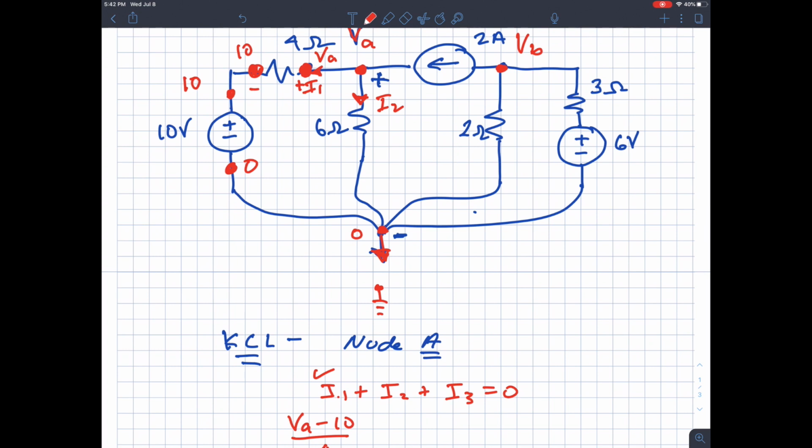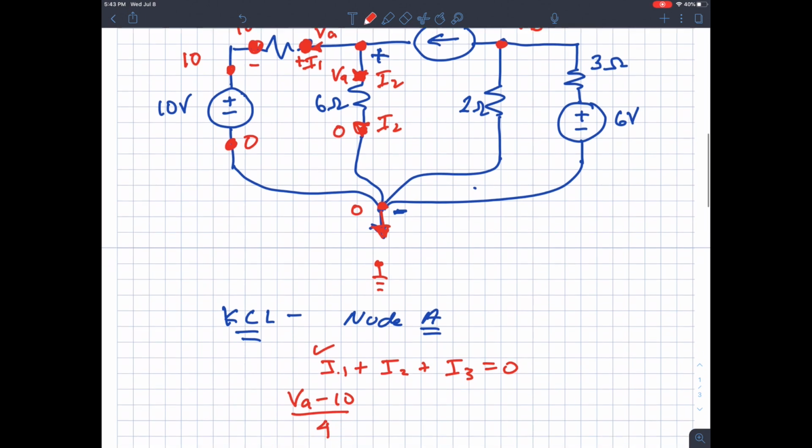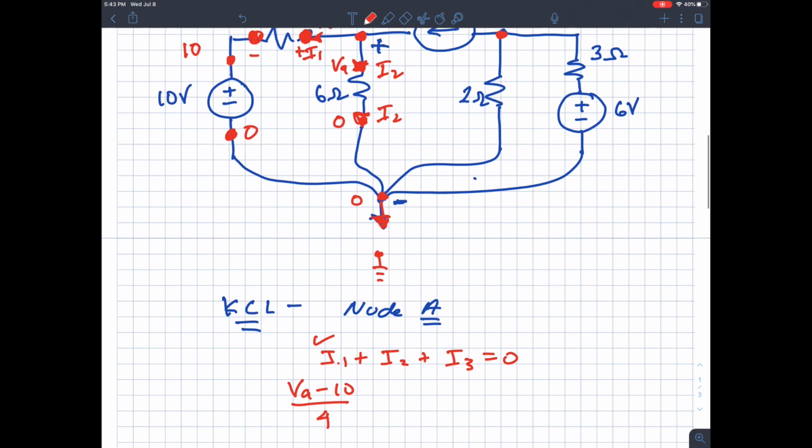If I slide the VA dot, I'm going to move I2 coming down here. Here's I2. Here's the VA dot. This is VA. If I slide the 0 dot, that slides up to here. So the voltage across the 6 ohm resistor is VA minus 0. And then to get I2, I divide by 6. That's just Ohm's law. Boom, I've got I2.